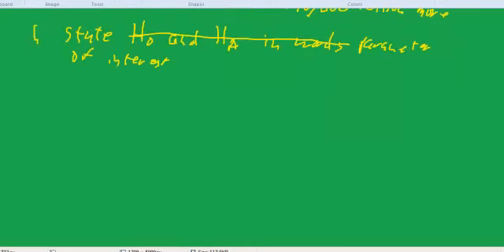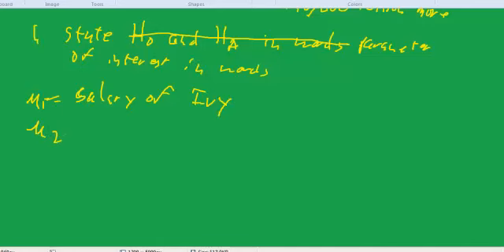So the first step is to state the parameters in words. In this case, the parameter of interest is the salary. mu1 is the true salary of Ivy League graduates. mu2 is the true salary of state school graduates.